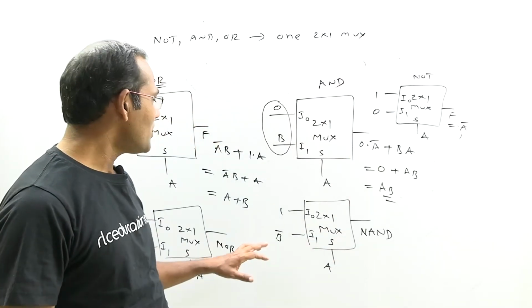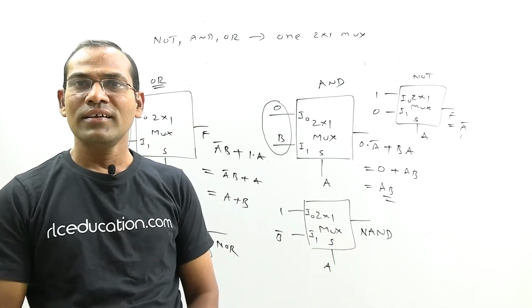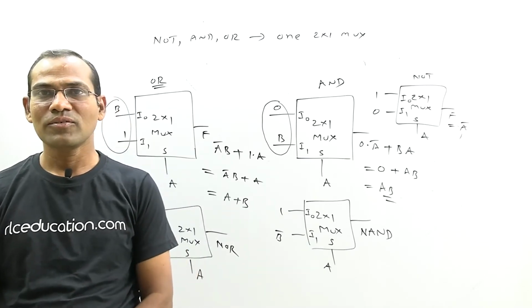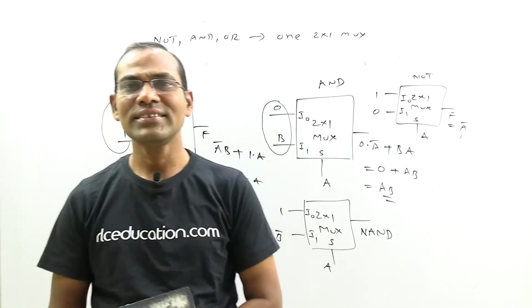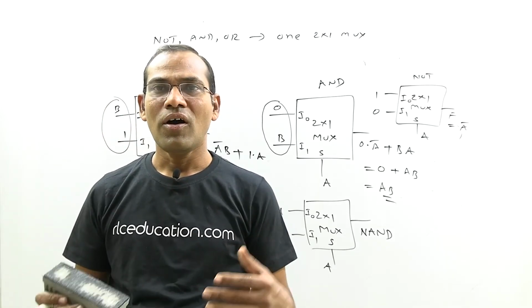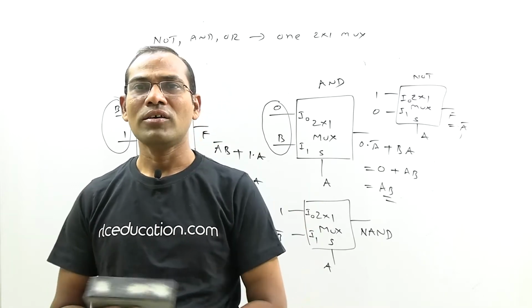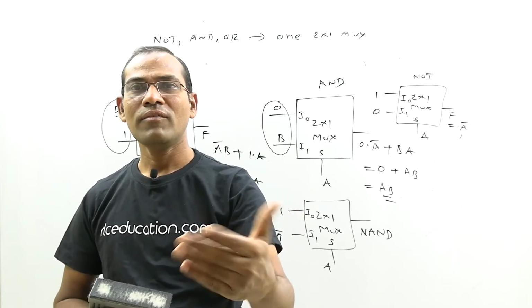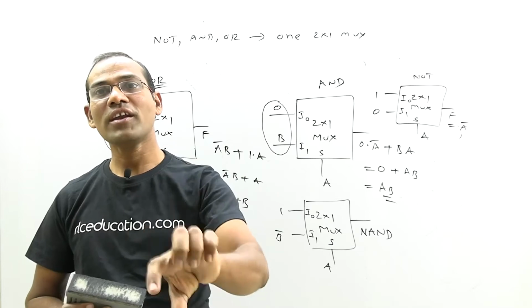Suppose you want to design a NAND gate or NOR gate. The number of multiplexers is not 1; we require 2. Design always means we have to talk with respect to A and B. That means if the circuit requires A bar, A should be converted to A bar, which means a NOT gate is needed.